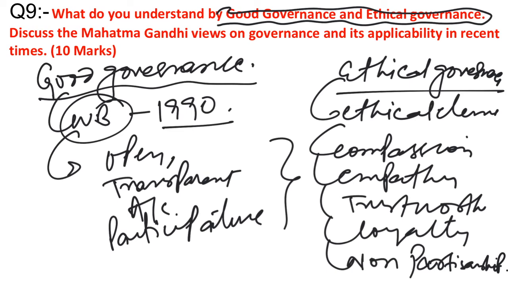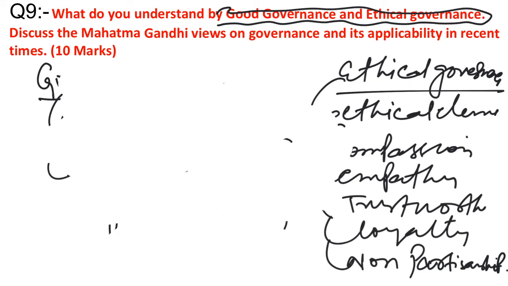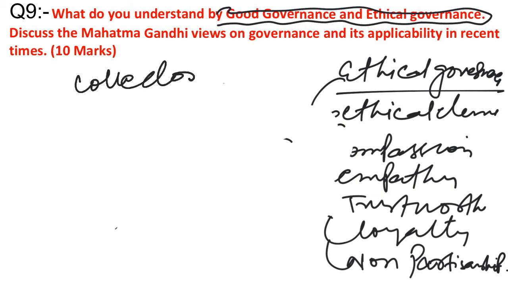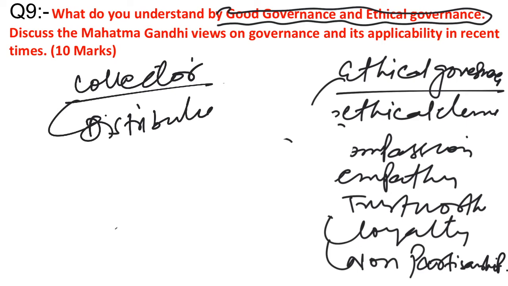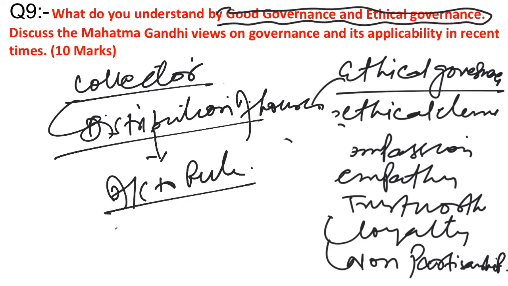Now, if I have to talk about the difference between good governance and ethical governance, I can give you an example, the same one I discussed in the last video about the compassionate bureaucrat. For example, you are a collector of a district and the scheme is about the distribution of houses under housing for all. You are distributing the houses according to the rules in a transparent way. This is good governance.